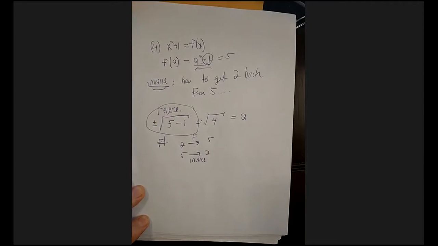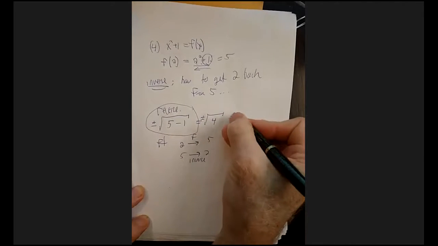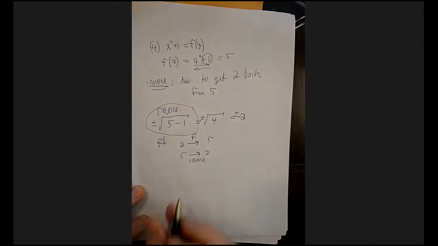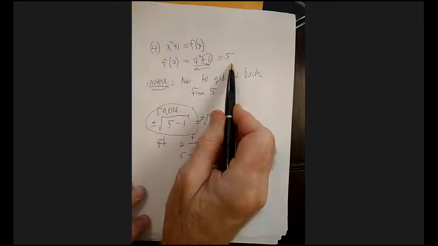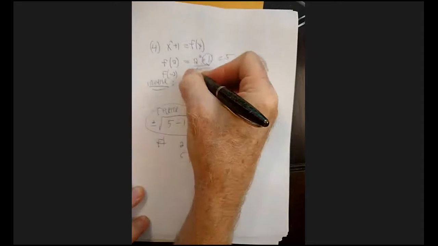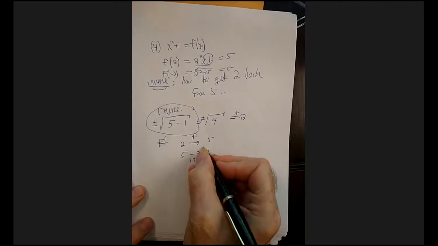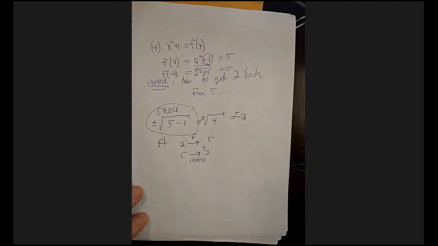So really what I get is plus or minus 2. And that makes sense, because if I plug 2 in here, I get 5, but if I plug in minus 2, I also get 5. So when I do the inverse, I get plus or minus 2 back. That means the inverse isn't a function.